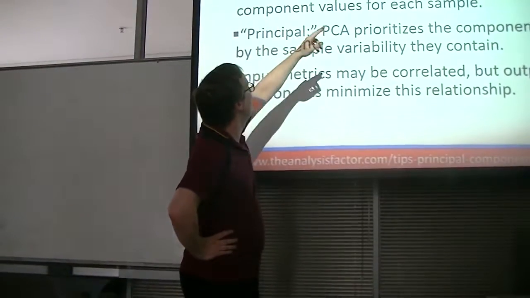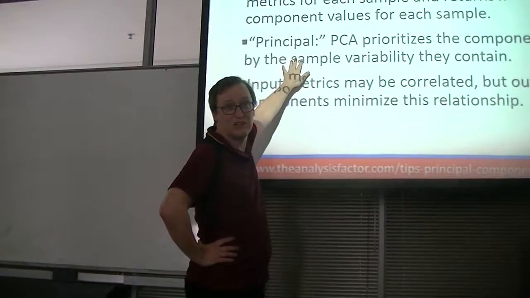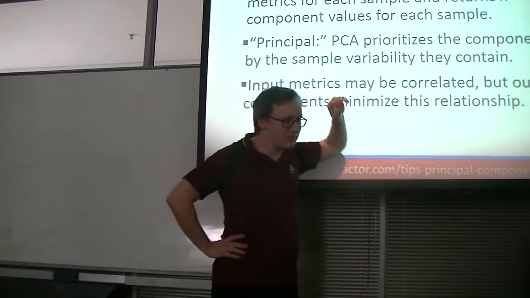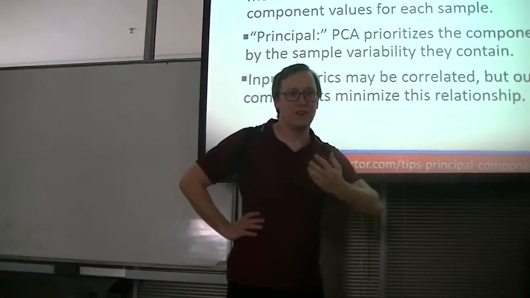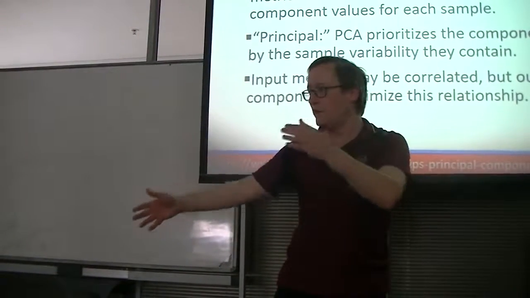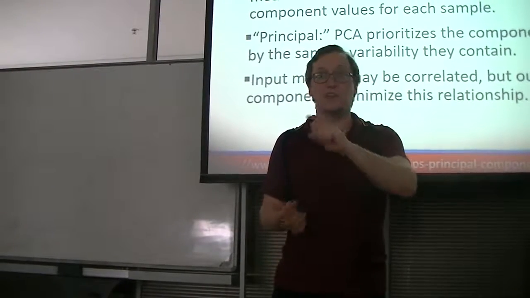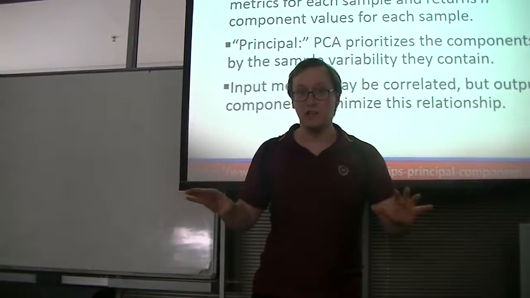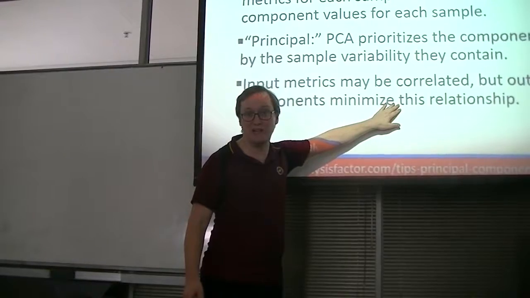So principal component analysis is going to prioritize components that it computes. These components are a new representation of your data. If you feed your data 12 measurements for every sample, you're going to get back 12 components. But they're going to be sorted, and they're going to be uncorrelated as well.